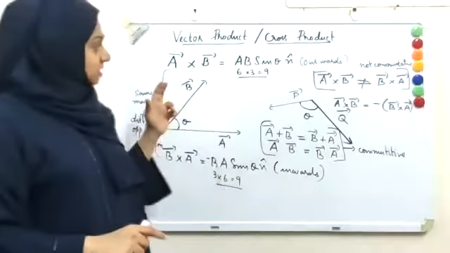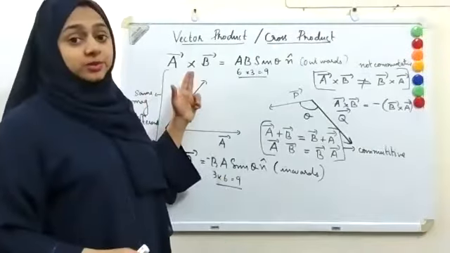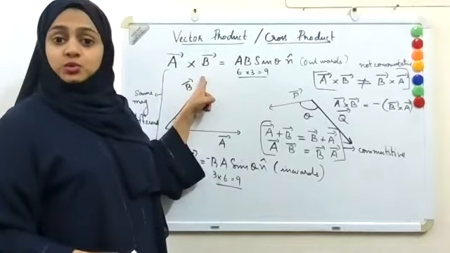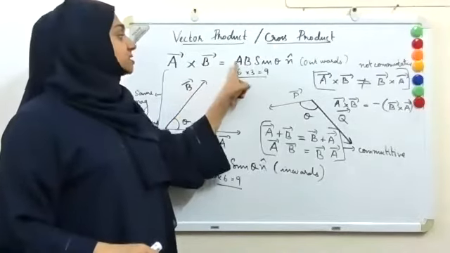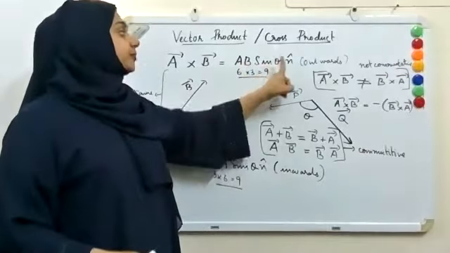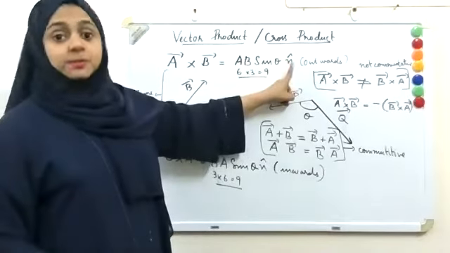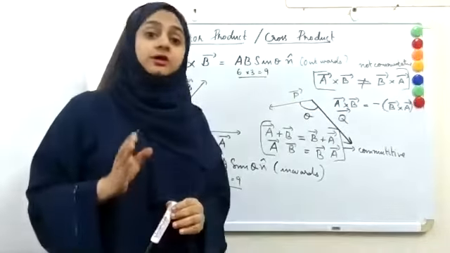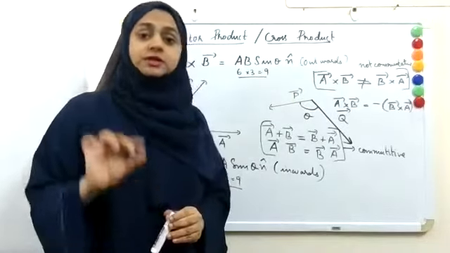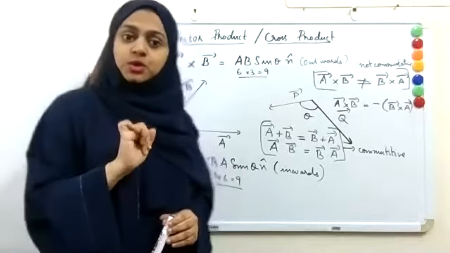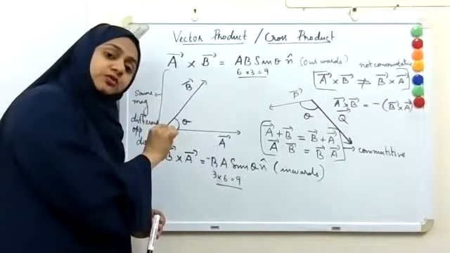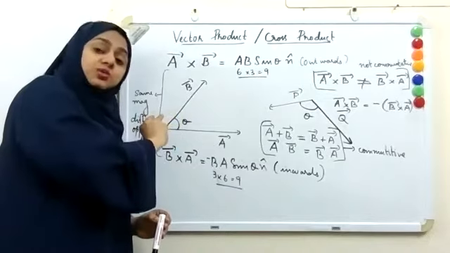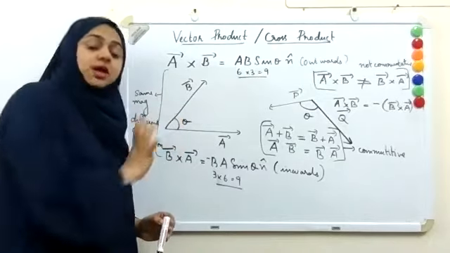So these are the things which you have to remember when you are taking the cross product or vector product of two vectors. They are defined as AB sine theta, that is the magnitude, plus there will be a direction. Direction you can find with the right hand screw rule, that is, take a right hand screw, keep it perpendicular to both vectors and rotate it from the first vector to the second vector along their smallest angle.